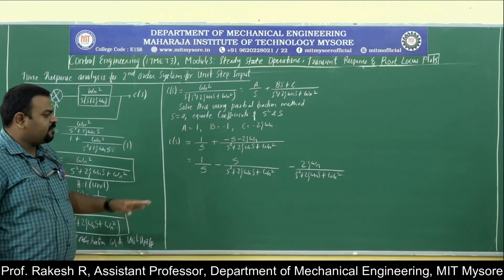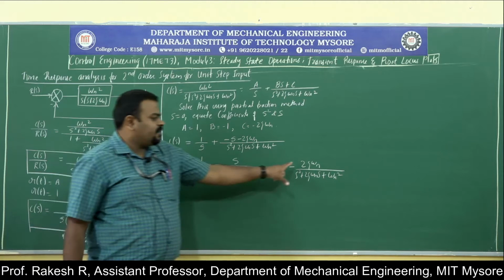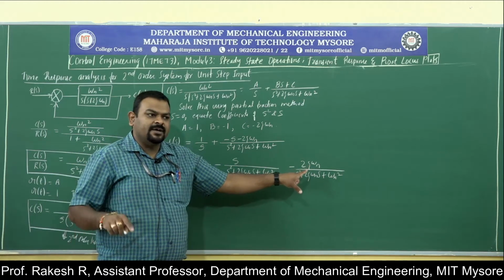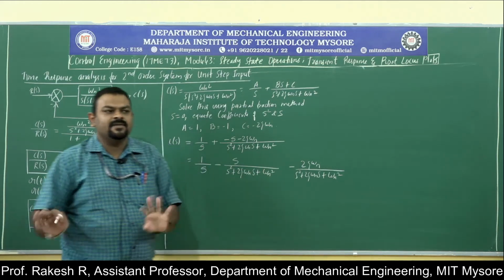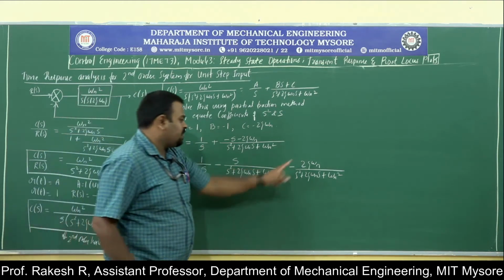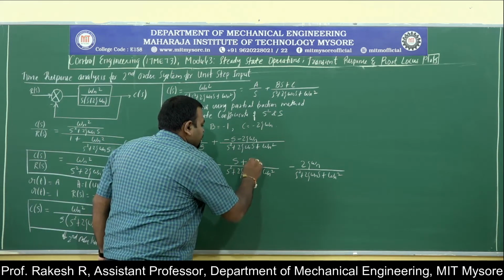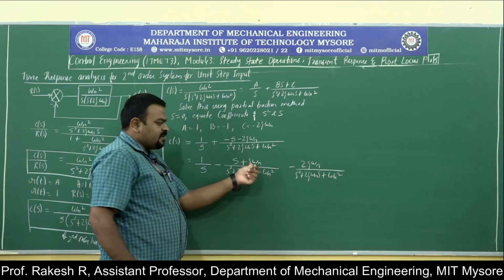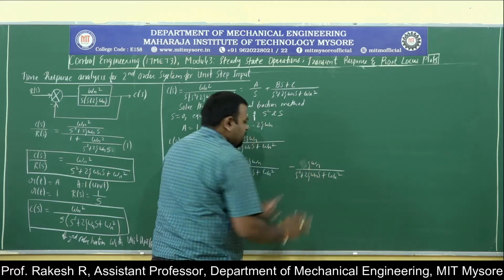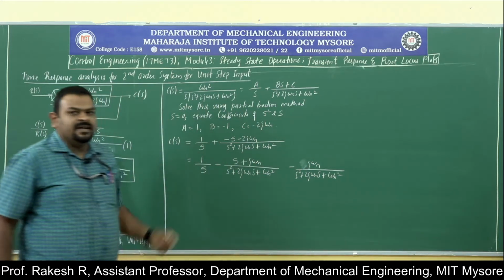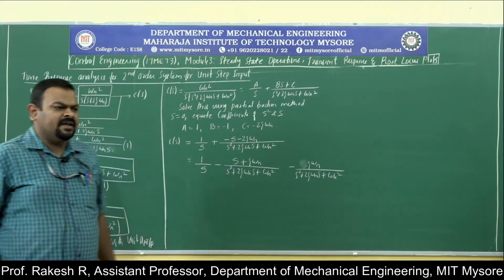And in this expression, 2 zeta omega n, I will write as zeta omega n plus zeta omega n. That means 2 will be written as 1 plus 1. So the same thing here, plus zeta omega n, since it is a minus, minus zeta omega n here. So these two will be equal to plus zeta omega n.